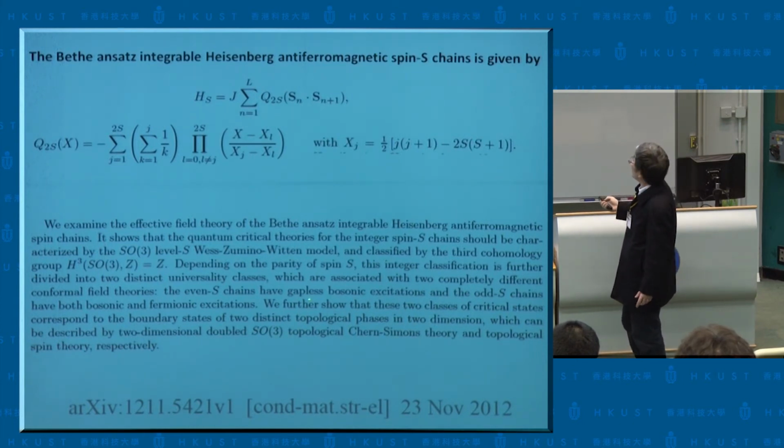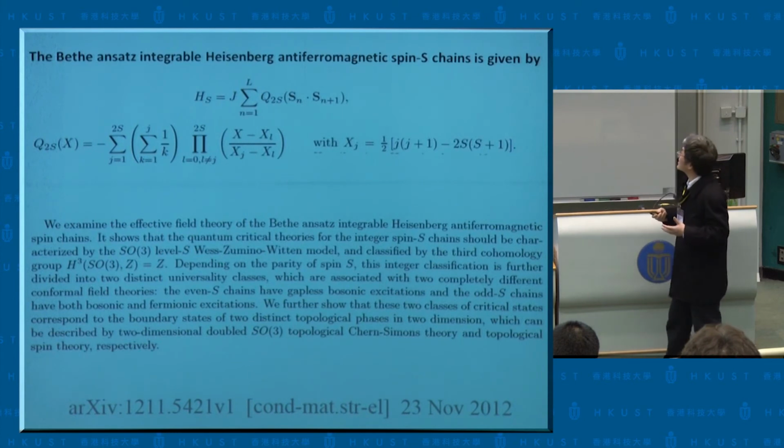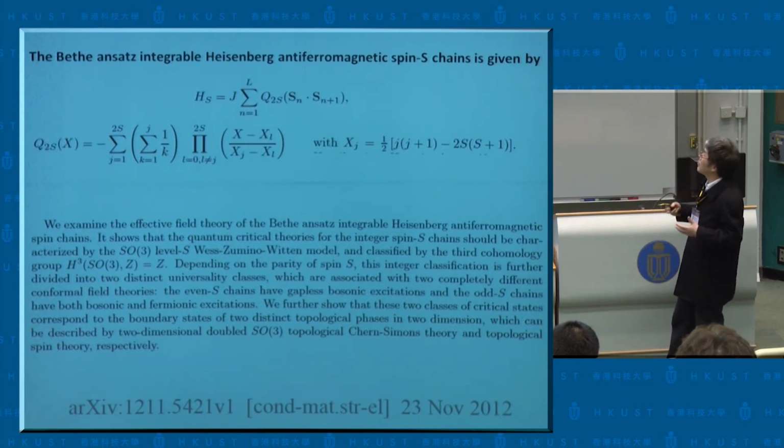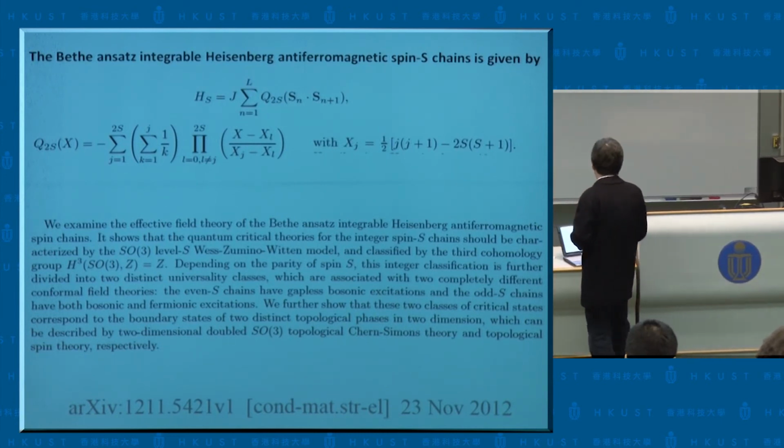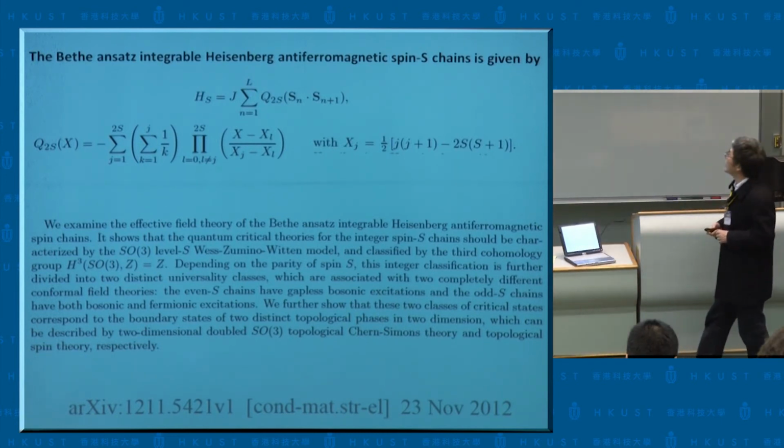For the odd integer spin case, the gapless excitations include both bosonic and fermionic excitations. However, for the even integer spin case, only bosonic gapless excitations occur.